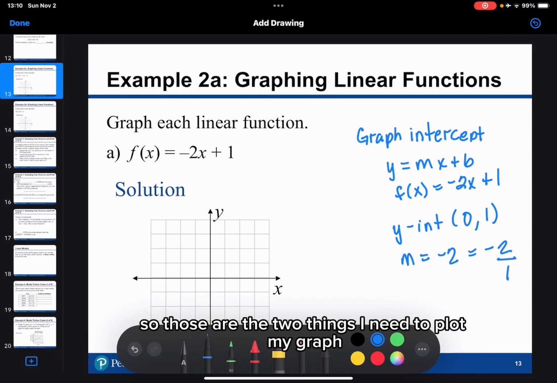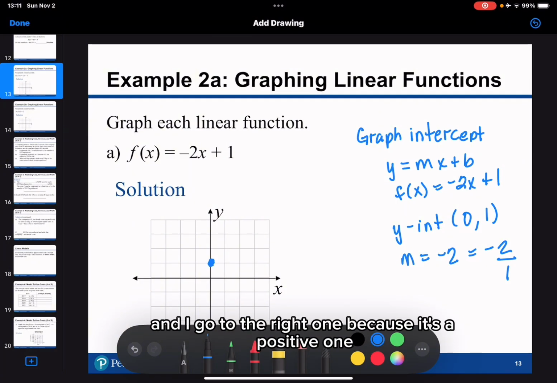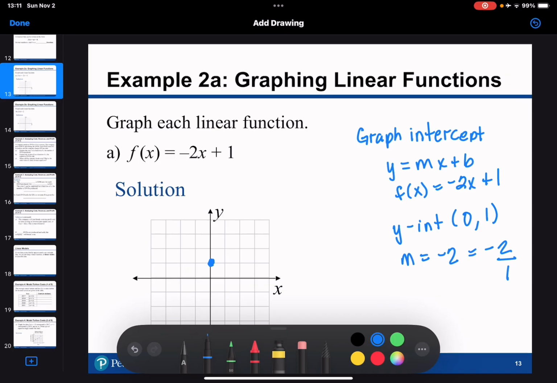So those are the two things I need to plot my graph. So start at the point 0, 1. And then from here, I go down 2 because my slope is negative 2, and I go to the right 1. You can even go up 2 and then to the left. And then draw your straight line.